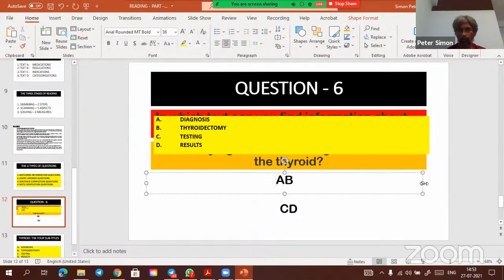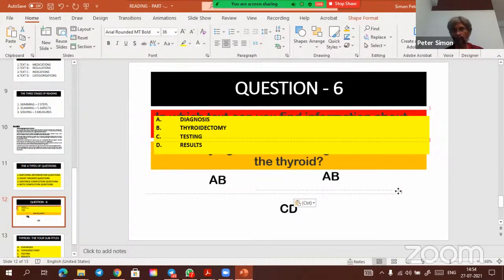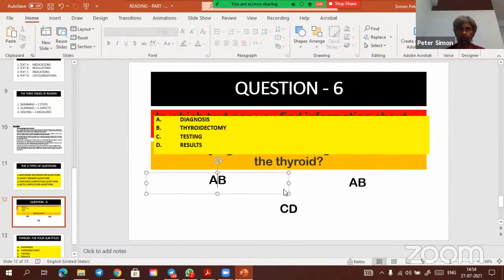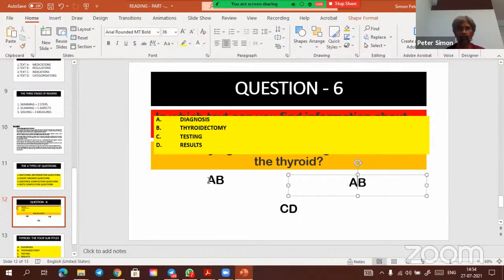Next one, we'll make it half this side, and Control C will make another half this side.